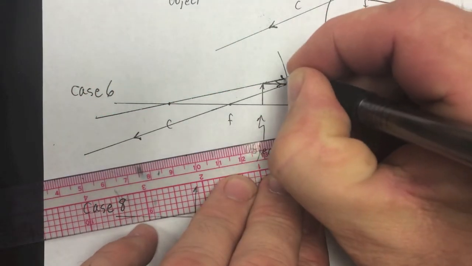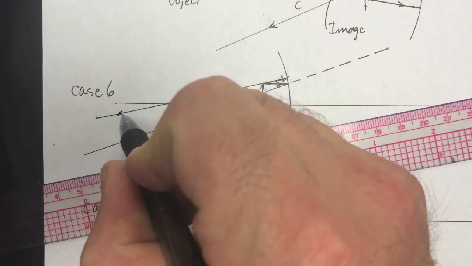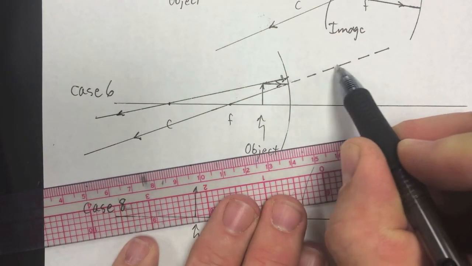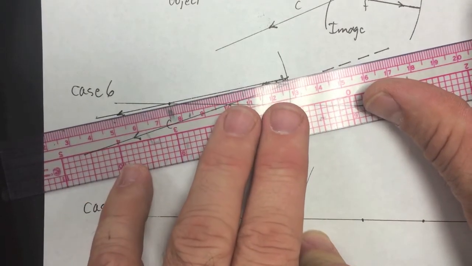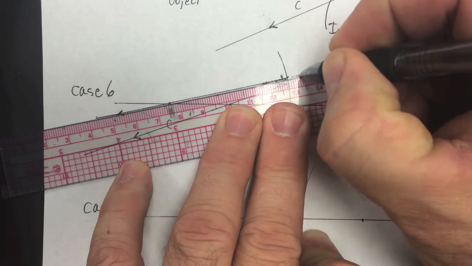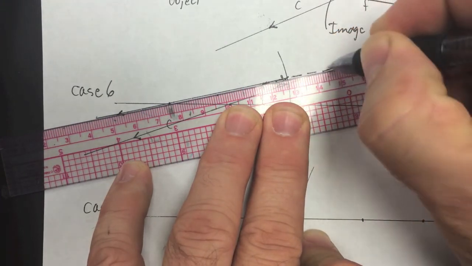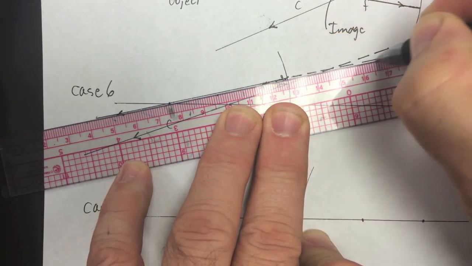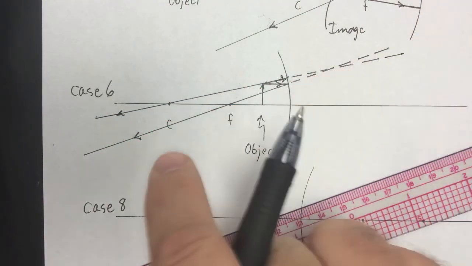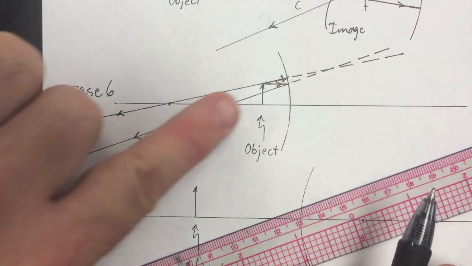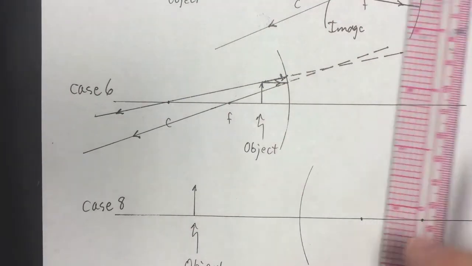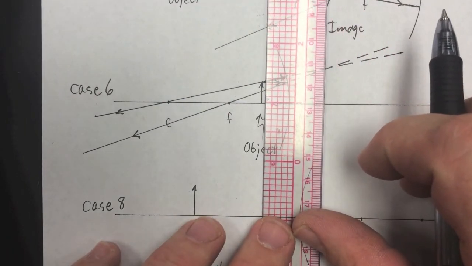And so you notice that it's not intersecting out here, so I have to draw the light back to where it looks like it's intersecting. So I'm going to use a dash line to do that. And remember, those are virtual light rays, so they don't have arrows on them. And so you can see that it looks like the light came from here. So our eye would be out here looking, you'd be looking in that way and seeing the image right about here.